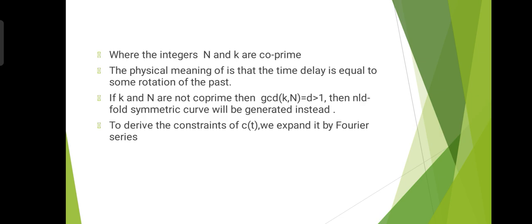To derive the constraints of C(t), we expand it by Fourier series. So here C(t) is expanded using the Fourier series in order to derive its constraints.